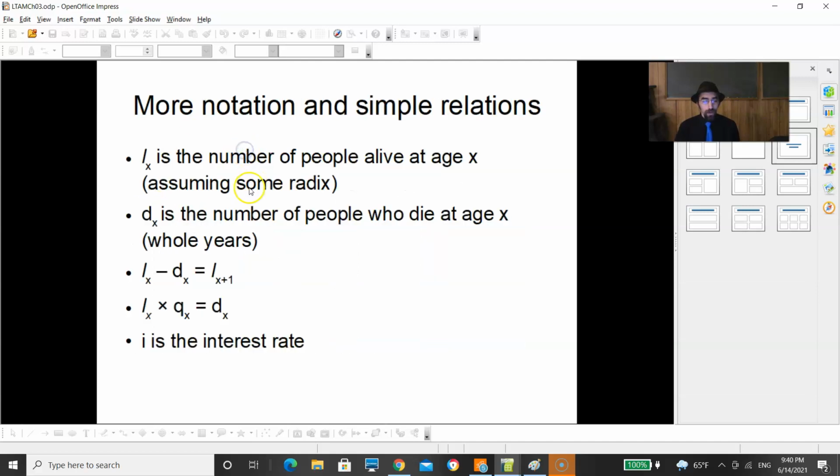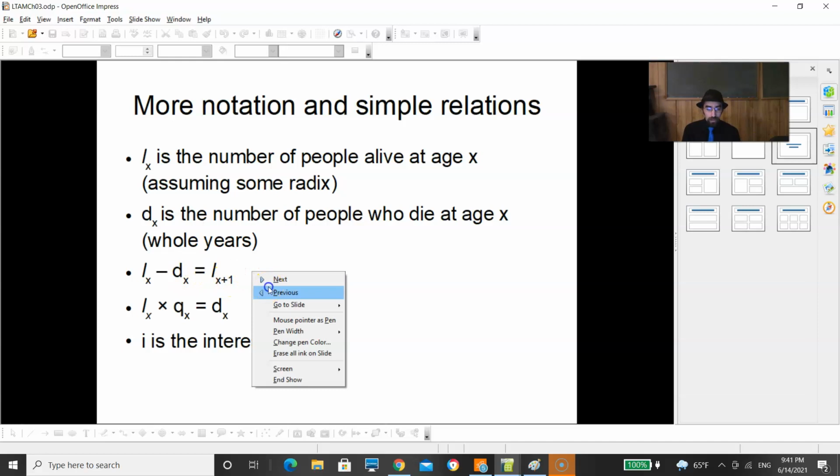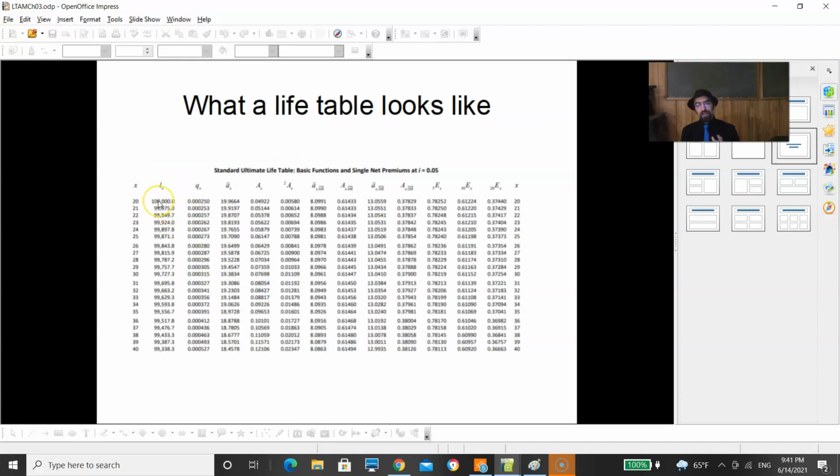Now, some life tables will also have D sub x. If L sub x is the number of people who lived to some age, D sub x is the number of people who died during that year. So you get the relationship L sub x minus D sub x equals L sub x plus 1. Now, this life table, by the way, is the one that they give you officially on LTAM.